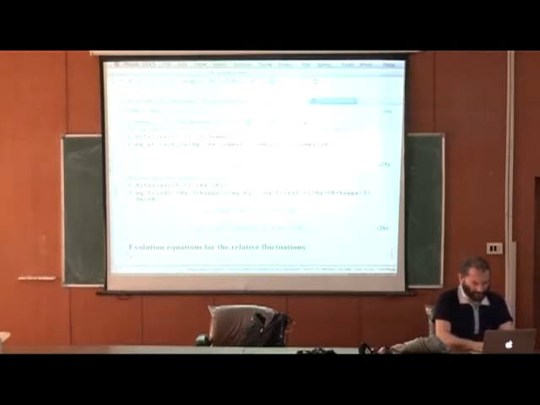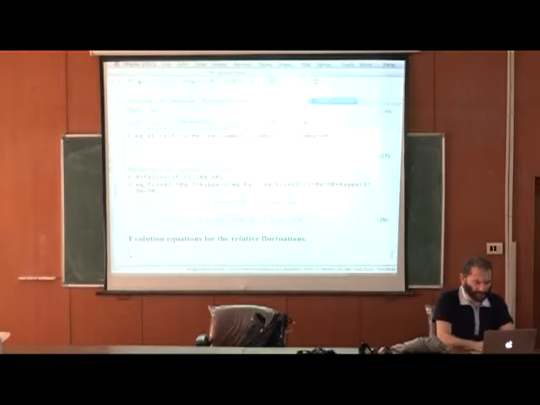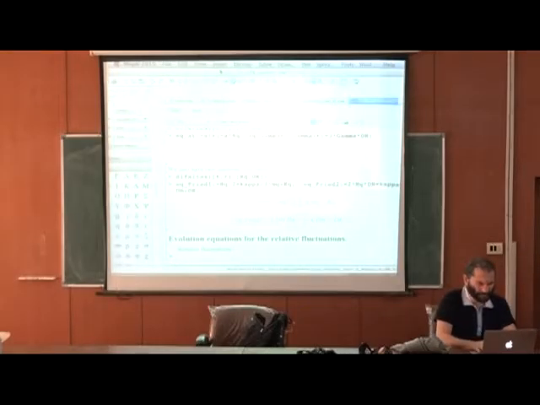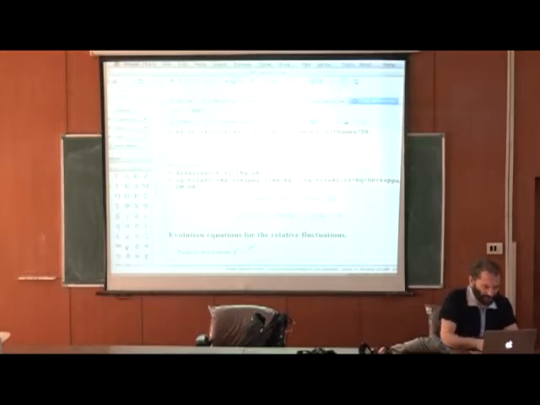So the relative fluctuations, what I mean, are the dimensionless ones. dM is equal to D divided by rho Q, which is rho minus rho Q, all divided by rho Q. I'm not going to put the parentheses, just to make notation quick.